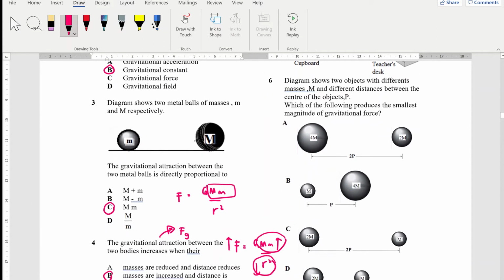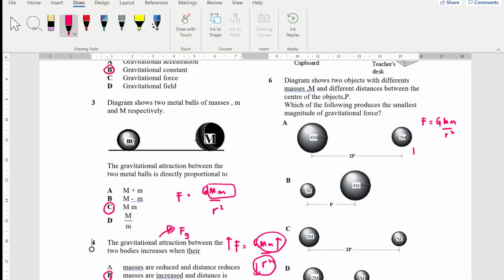Okay, 6. Diagram shows two objects with different masses and different distance between the center of the objects. Which of the following produce the smallest magnitude of gravitational force? Okay, jadi this one kita kena masukkan dalam kita punya formula. So tadi kita ada F equals to G m m over r squared.